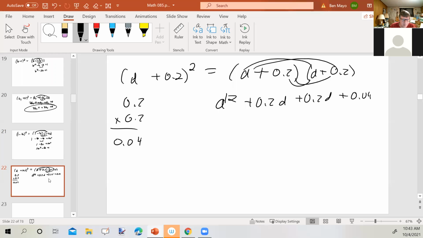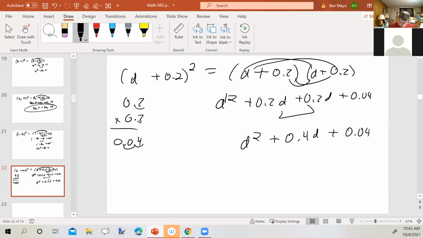Because remember, when you multiply decimals, you ignore the decimals, do the calculations, and then you go back and count the number of digits to the right of the decimal point. So here's 1, 2. So then you move the decimal point that many places to the left. Combining like terms, d squared plus 0.4d plus 0.04.